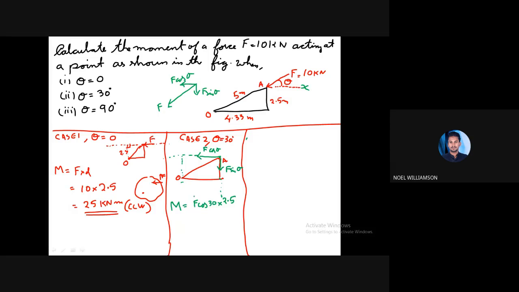So we give a negative value for this: negative F cos theta into 2.5. Now plus the next one, that is due to F sin theta. The force is F sin theta and the perpendicular distance is 4.33. So this creates a clockwise moment. So altogether you will get a value.